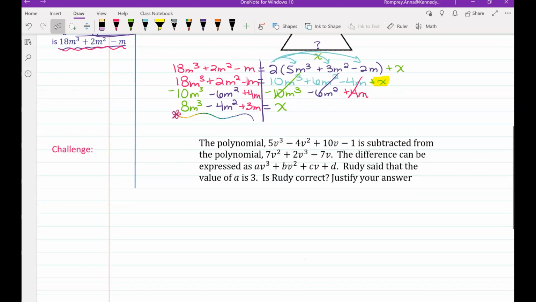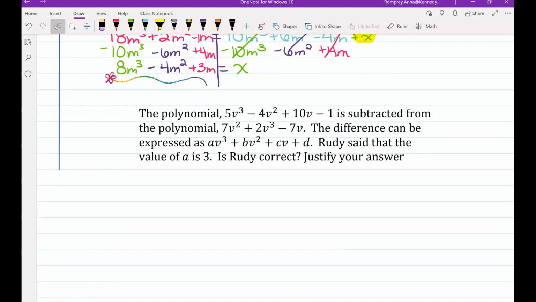Let's simplify this. So this polynomial, this one right here, don't forget about the minus 1, is subtracted from, so we are taking it from the 7v squared polynomial. Okay, so then what do we start with? If this is subtracted from this, I'm going to start with my 7v squared polynomial.